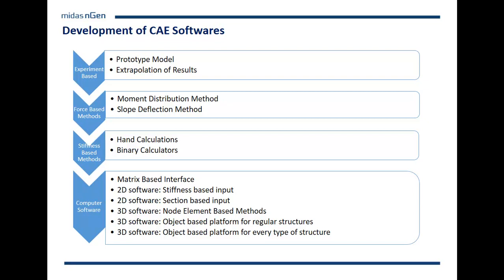They used to provide very good results about the deflection of the structures and about the moments and the stresses of the structures. And then the stiffness-based methods were developed, and in order to solve the stiffness-based methods, hand calculations or binary calculators were used. And then as structural engineering integrated with computer software, the matrix-based software was developed. So we used to input the stiffness of the structure in the form of matrices, and the computers used to solve those matrices and provide us the final result about the displacement and the forces.